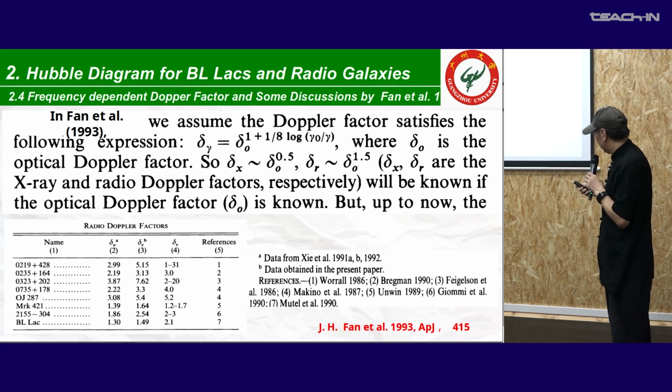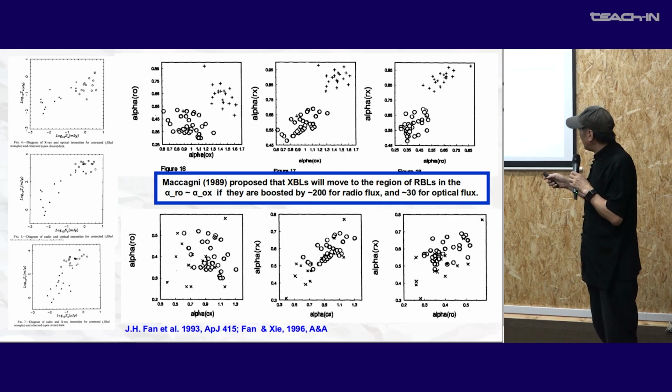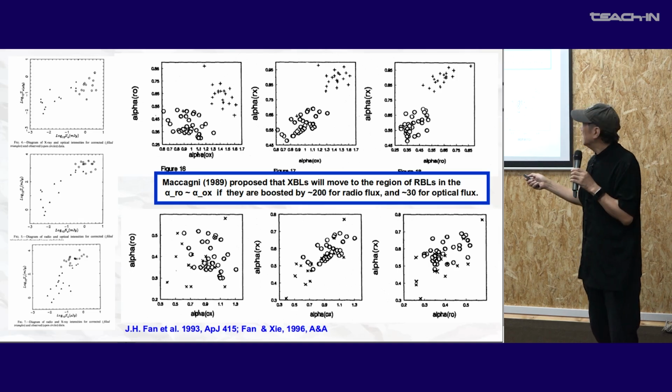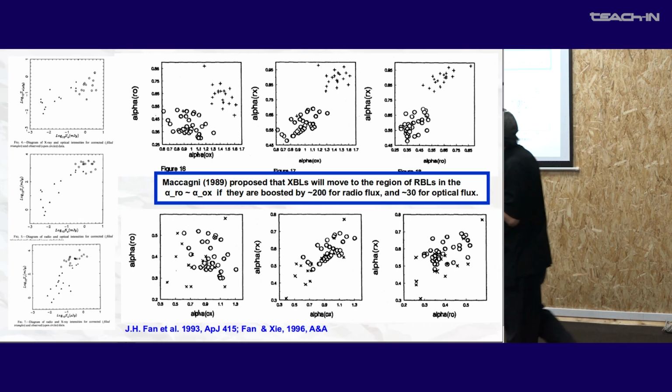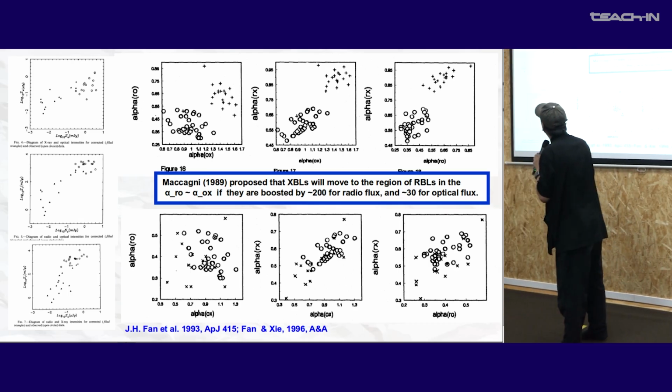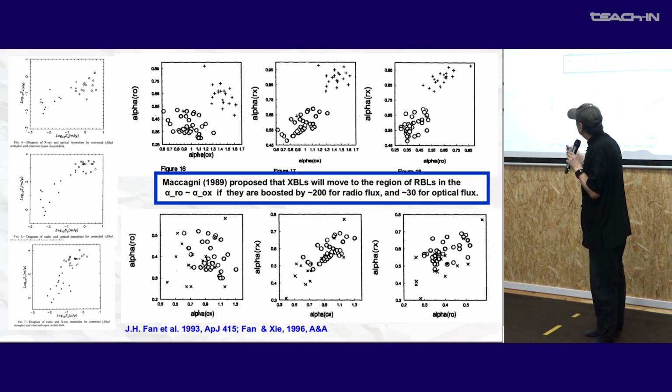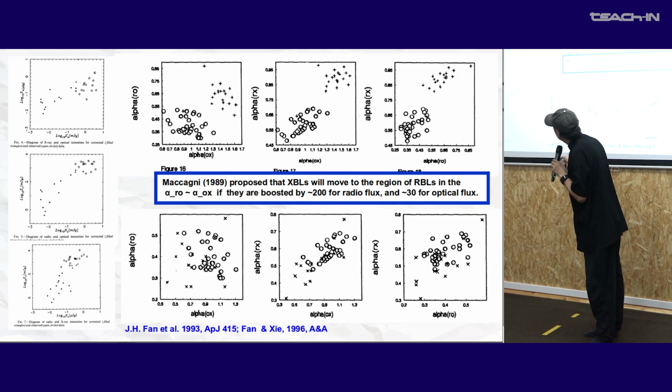Then we found that for the observations, this is the radio selective BL object. For the observed data, there's almost no correlation. This is the X-ray and the radio band. This is the optical and the radio.